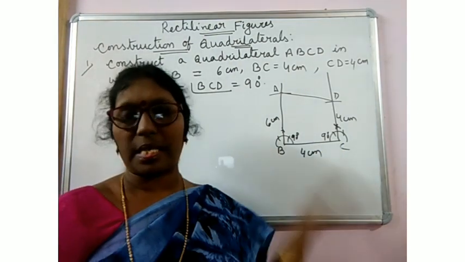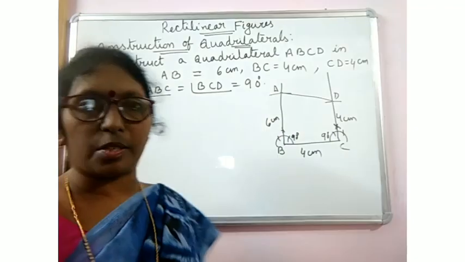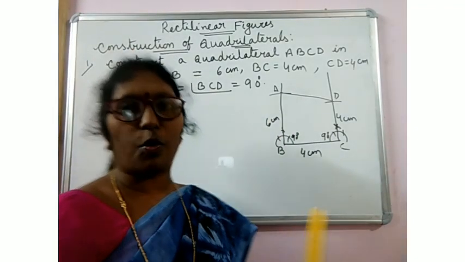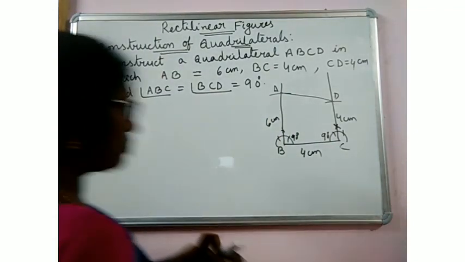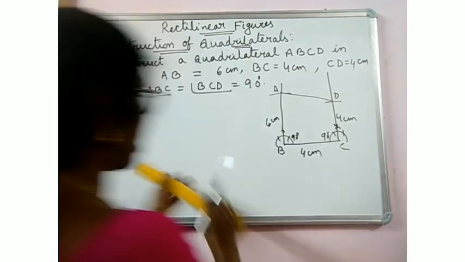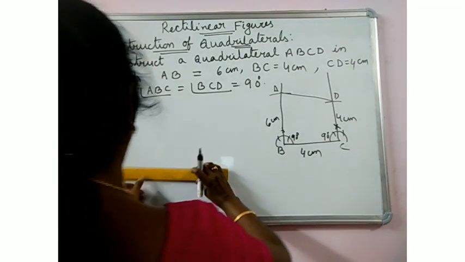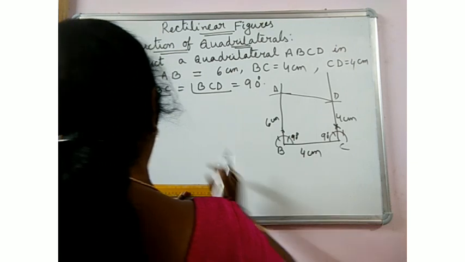If the question asks to measure AD or the angles, you can do it by using the scale and protractor. Now, let us construct BC as 4 cm.